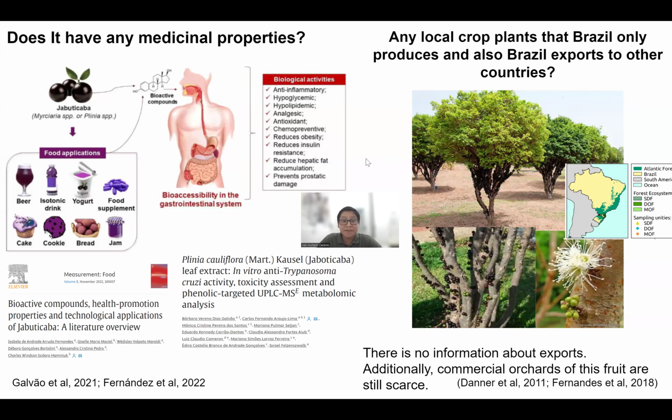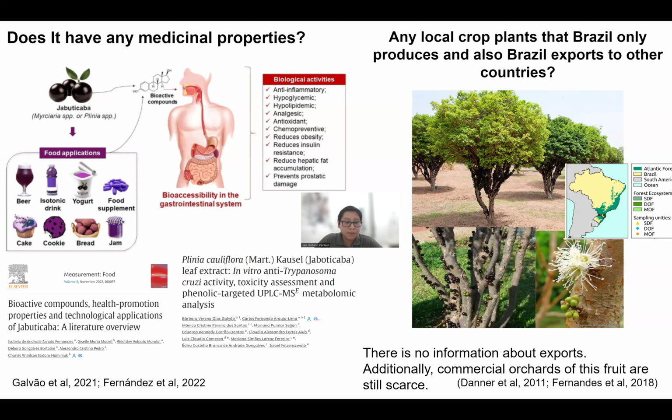But it's very interesting to find other research about the biological potential in the leaves, though there are not enough reports about this part of the plant.